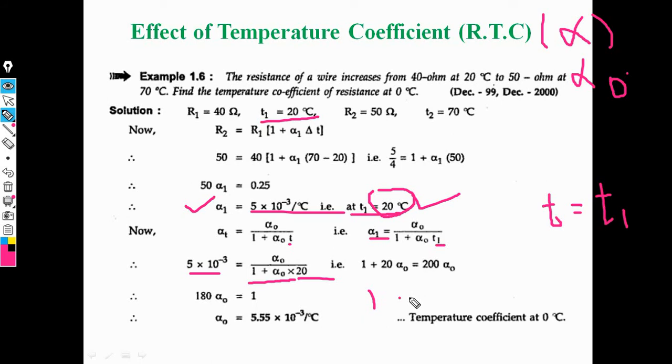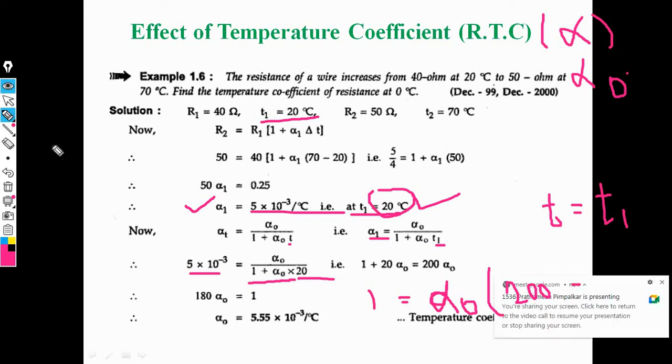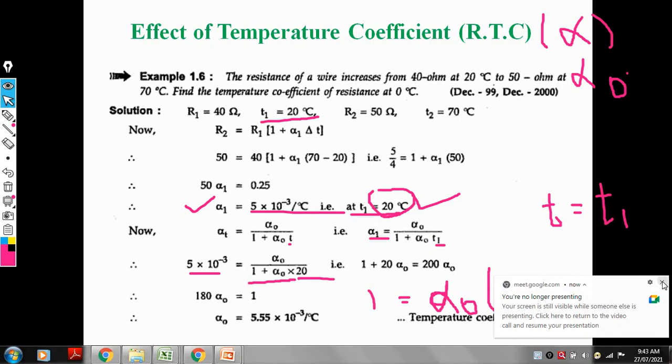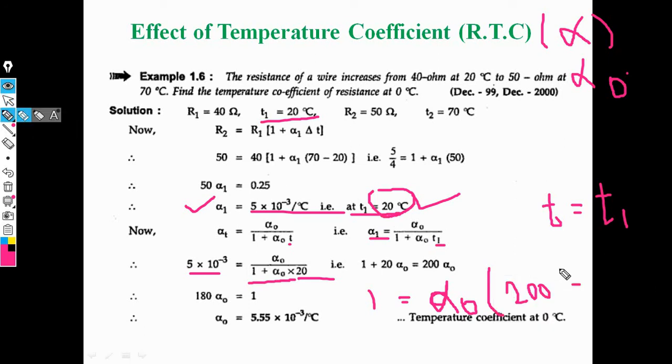Then 1 is equal to alpha 0 times (200 minus 20), taking alpha 0 common. That gives 180, so alpha 0 into 180 is equal to 1.